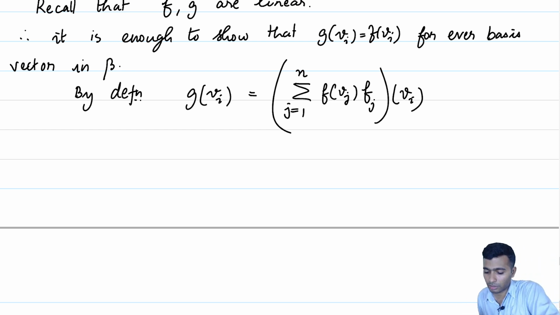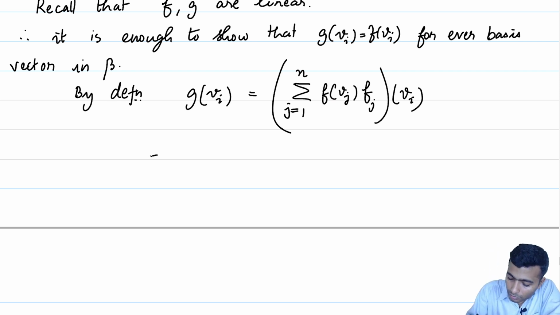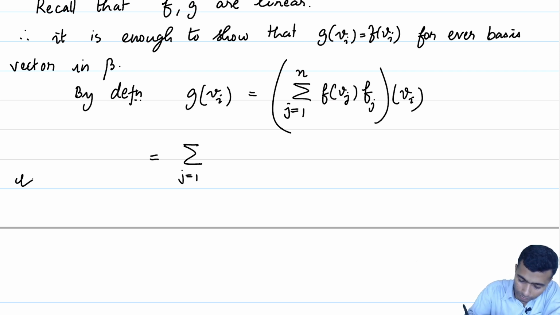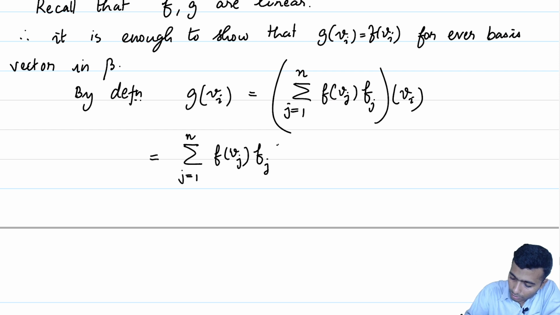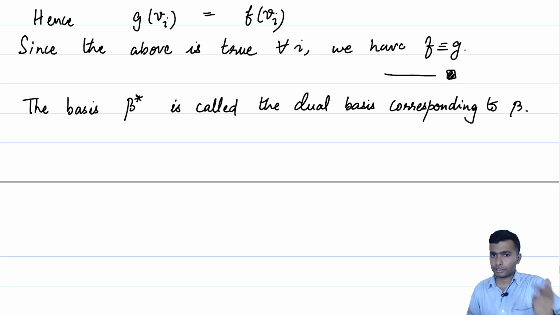This is exactly what G of Vi is. But by definition again, this is equal to summation j equal to 1 to n f of Vj times Fj of Vi.